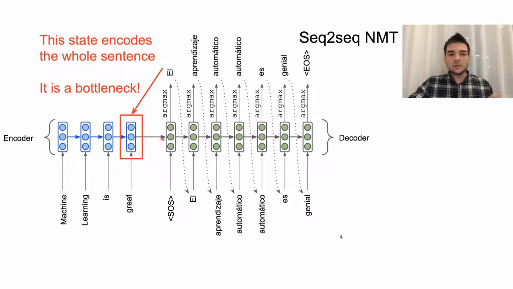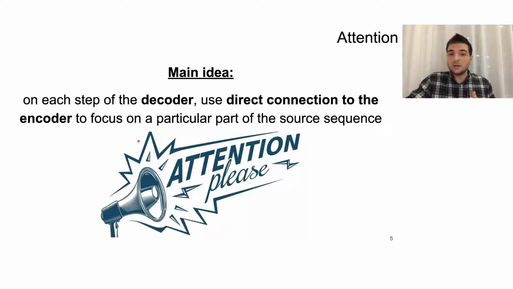So how can we give the decoder the opportunity to see all the information in the original sentence, not only one hidden state? We could try giving the decoder direct connections to all the hidden states in the encoder, and that's it. Here is the main idea about attention.